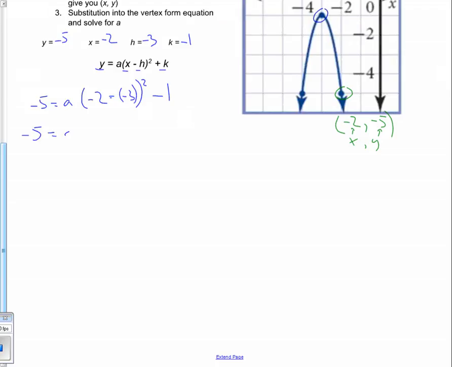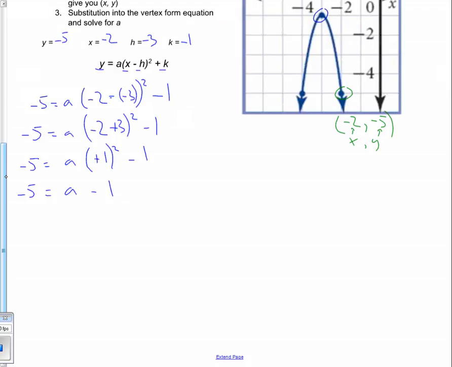So I need to clean up that middle part just because it's a little challenging. So I've got -1 times -3 is actually +3 all squared minus 1. So -5 is equal to a. -2 plus 3 is +1. +1 squared minus 1. So -5 is equal to a minus 1, because +1 squared is 1. 1 times a is just a.